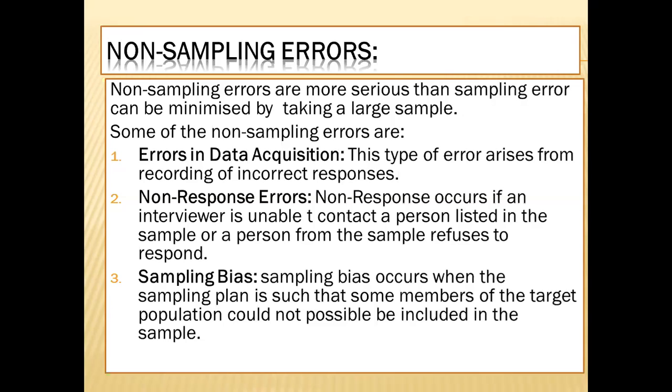The student measures it wrongly and the teacher records it. So this is error in data acquisition. If the teacher measures the area of the table, the data may be correct. So error in data acquisition means this type of error arises from recording of incorrect responses.